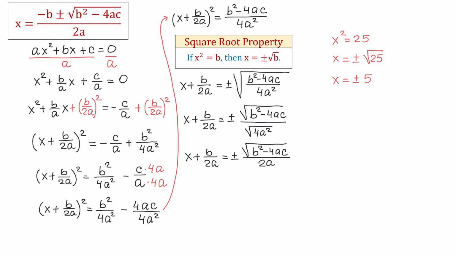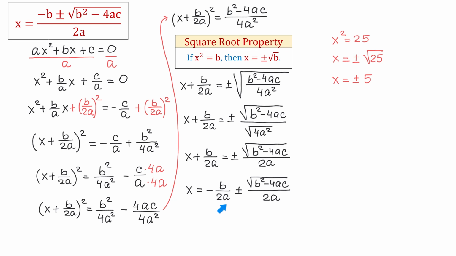And now to isolate x, we will move b over 2a to the right. So we will write x equals negative b over 2a plus or minus square root of b squared minus 4ac all over 2a.